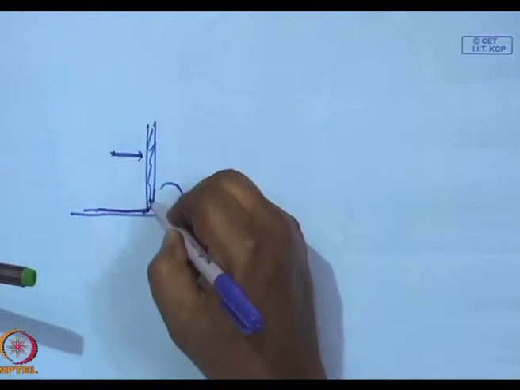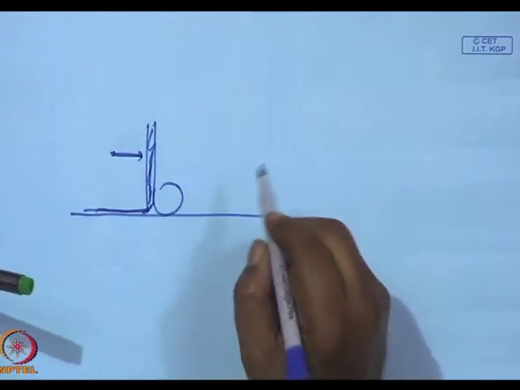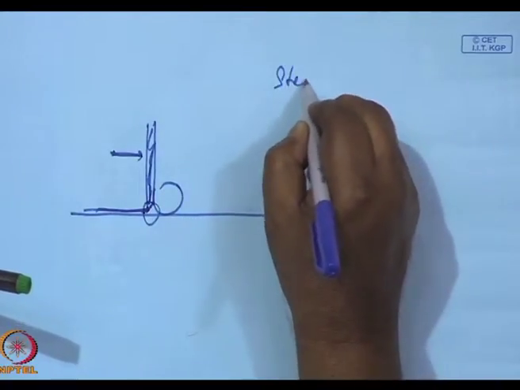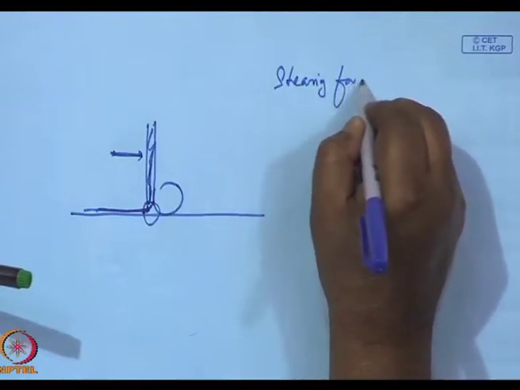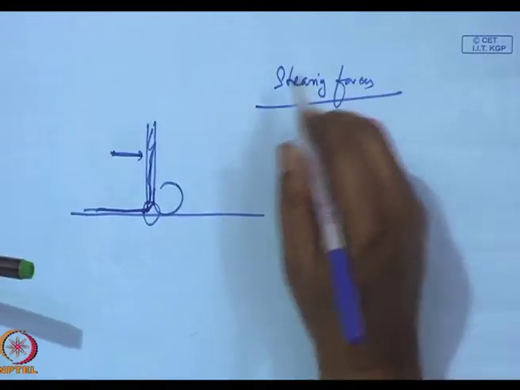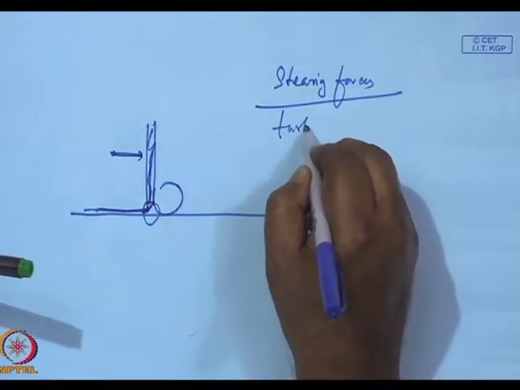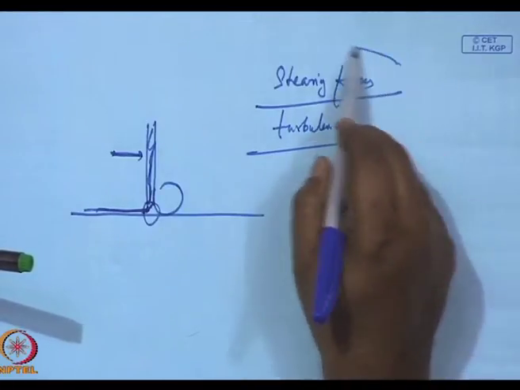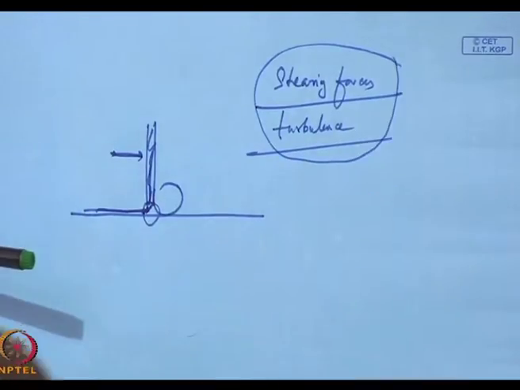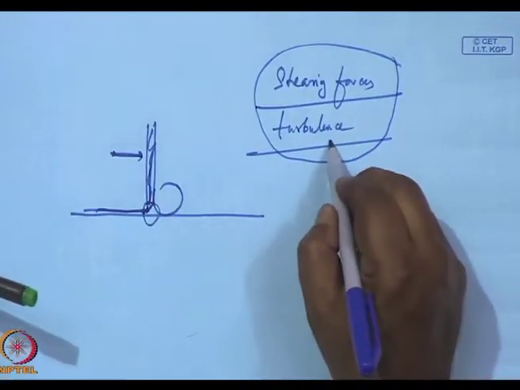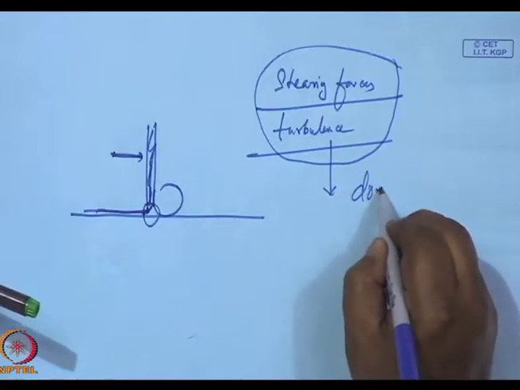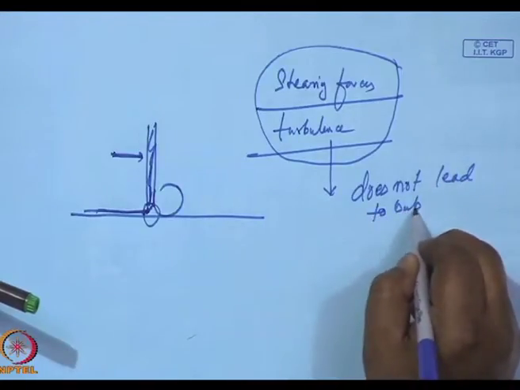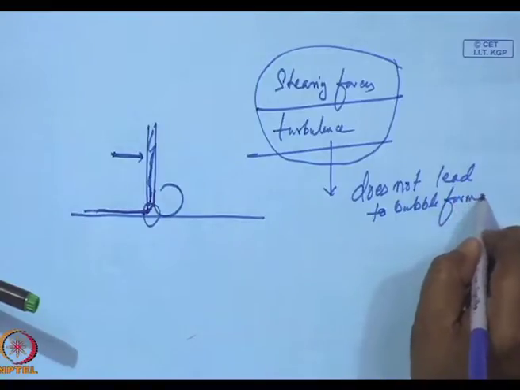Over here, this is a blade, remember. Over here, as it moves, there will be a lot of shearing forces. As a result, there will be turbulence, and one has to add the additives in such a fashion that this turbulence does not lead to bubble formation.